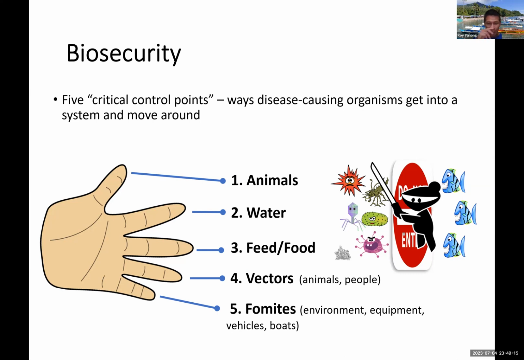Likewise, when we talk about bigger types of systems, maybe in the ocean, we think about things like boats, but also vehicles, etc. So these are five different ways that disease organisms can get into your system. You really want to think about each of these and how it relates to your system, and whether or not things can come in through these different routes into your building or facility.